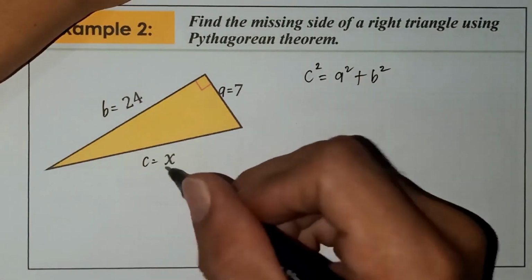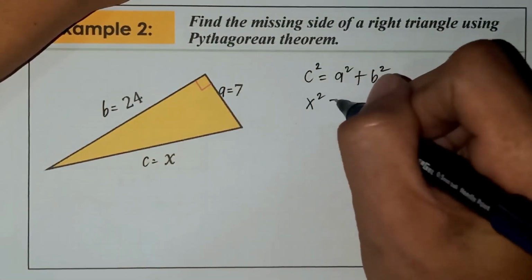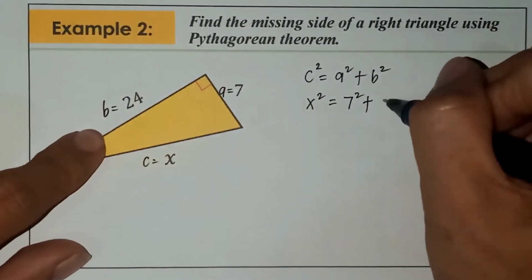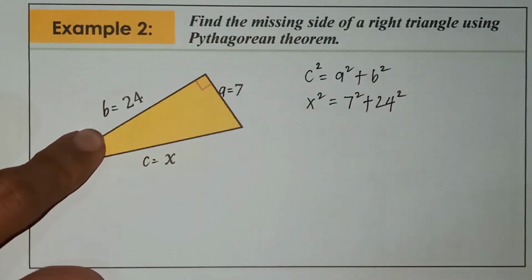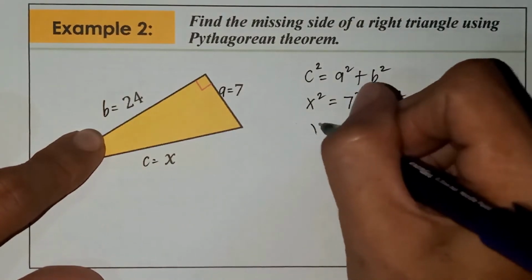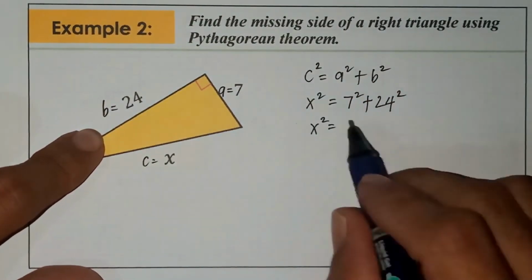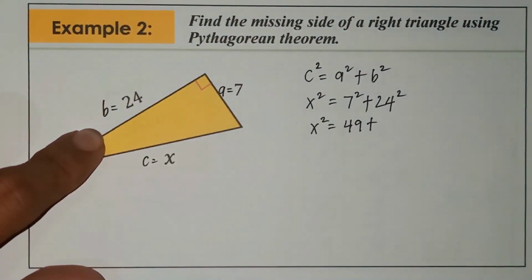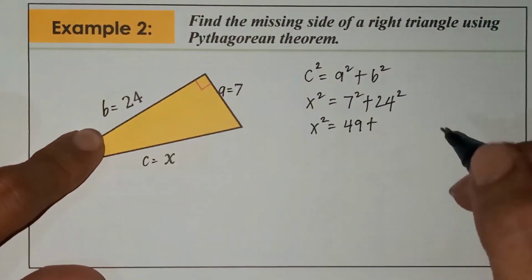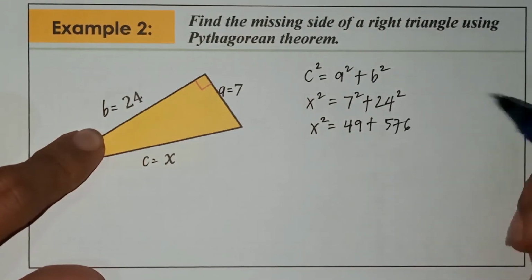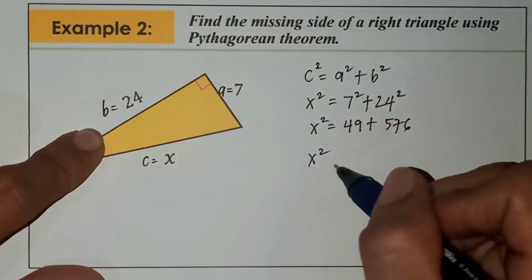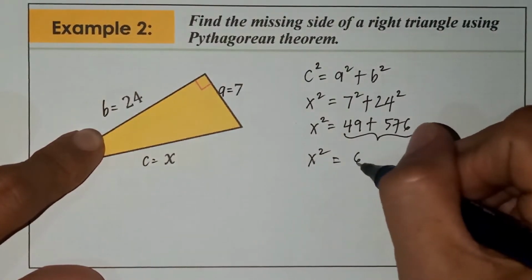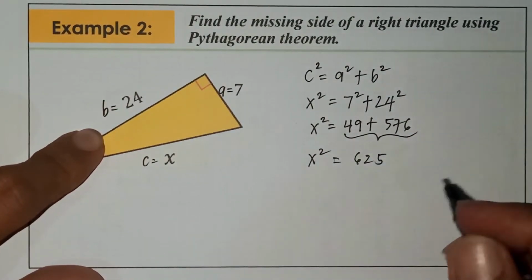Now, C is X. X squared is equal to A, which is 7, squared plus B, which is 24, squared. X squared is 7 times 7, which is 49, plus 24 times 24, which is 576. Next, add the two and the result is 625.